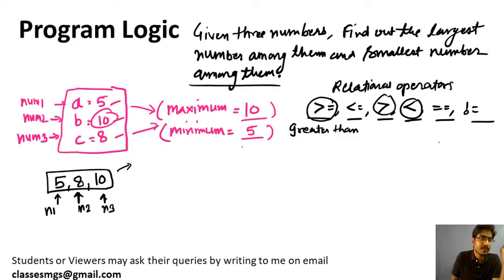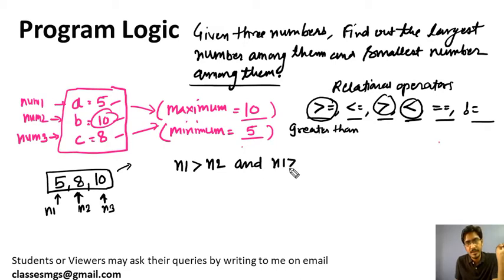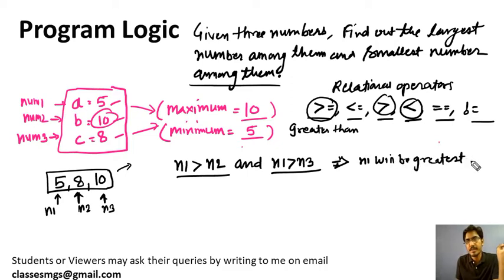Now I am going to tell you the logic. What is the logic? Let's suppose how I am calculating the number. Let's suppose number 1: if number 1 is greater than number 2, and if number 1 is greater than number 3, in this case number 1 will be the greatest, or largest, you can say.